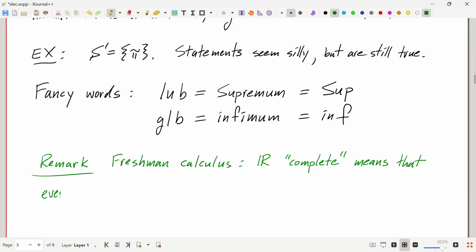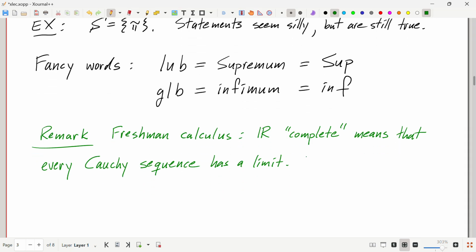Of course, we haven't even talked about sequences yet. The LUB property is equivalent to that statement.